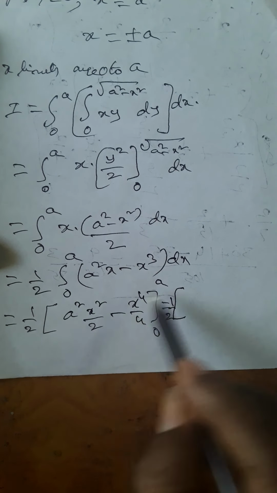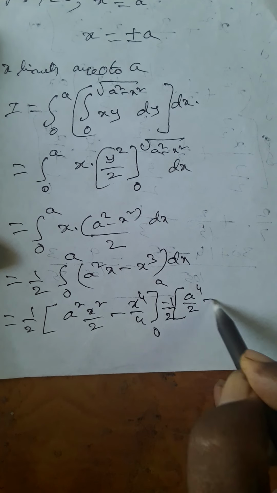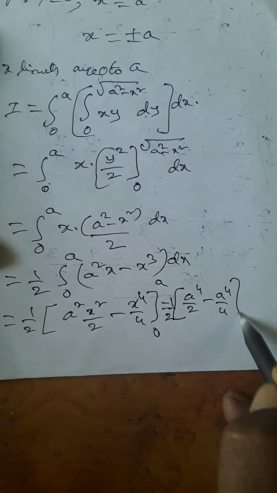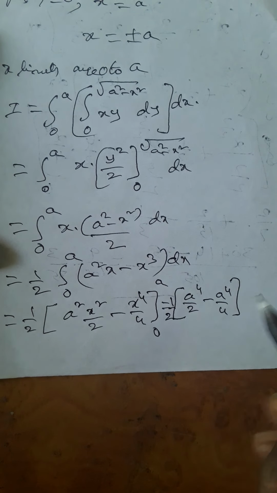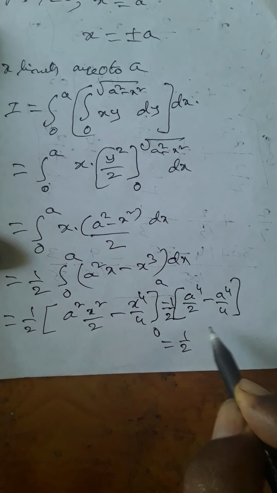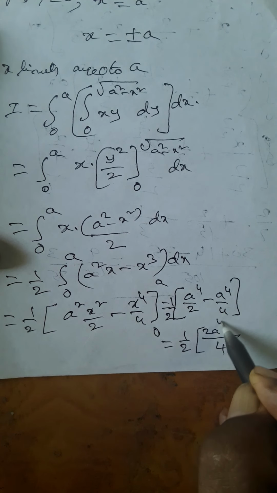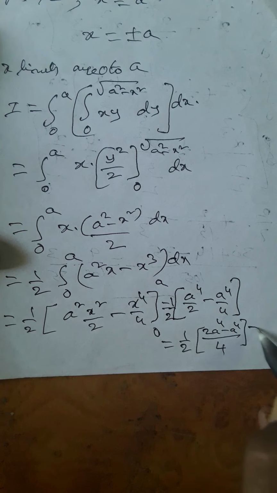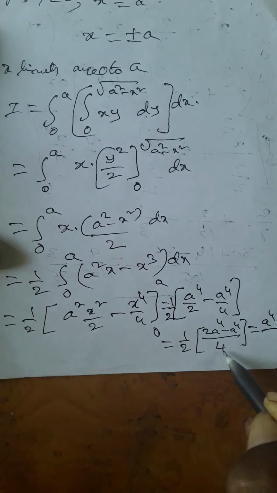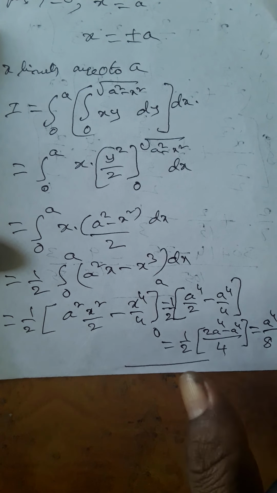Instead of x you write a square, a power 4 by 2, a power 4 by 4. Substituting lower limit 0, need not write here. 1 by 2, 4 LCM, 2a power 4 minus a power 4. So a power 4 by 4 into 2, 8. This is your final answer.